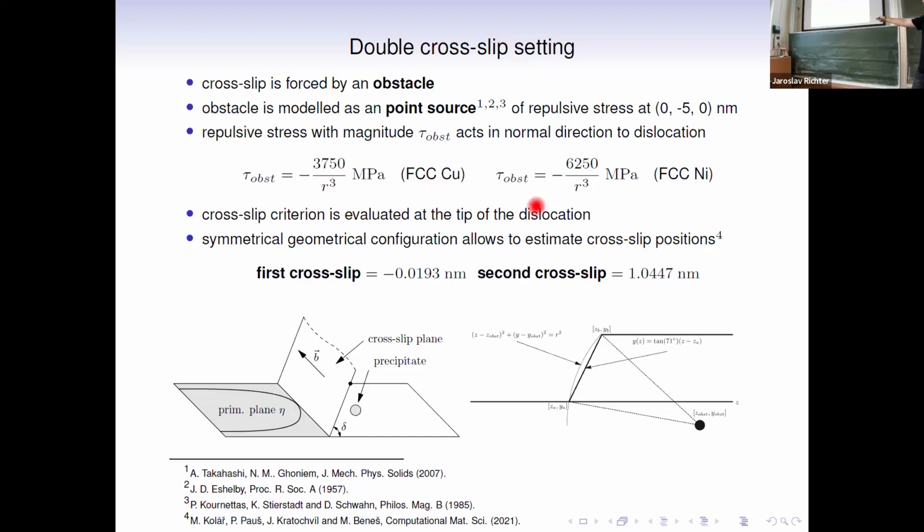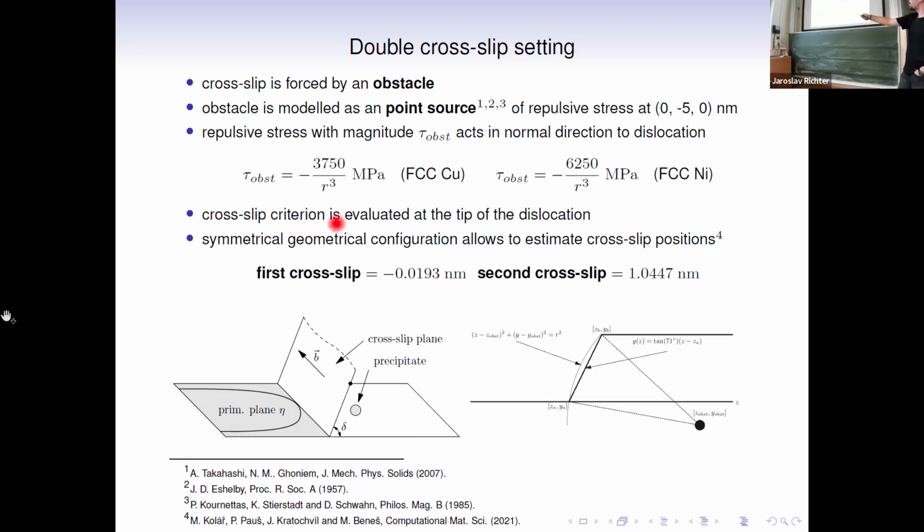And this cross-slip criterion was evaluated directly at the tip of the dislocation in the middle of the channel.